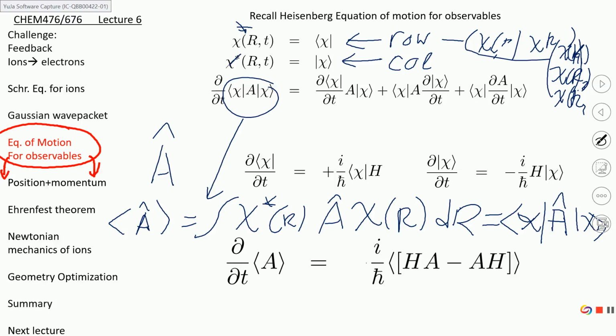So this implementation of this equation for expectation value uses bra and ket vectors.